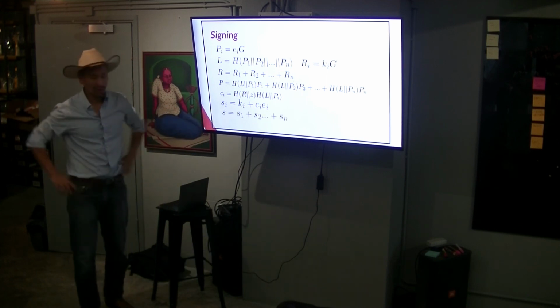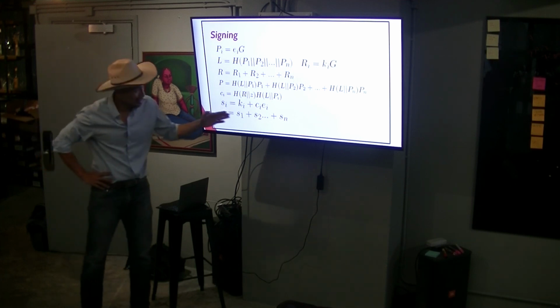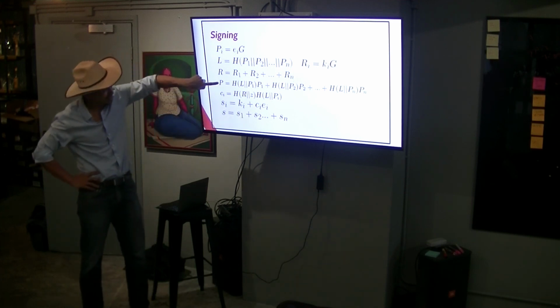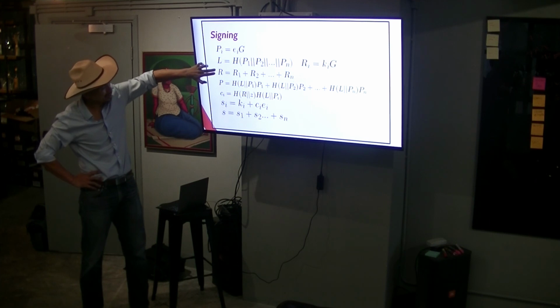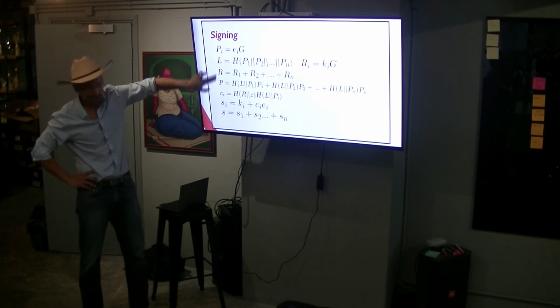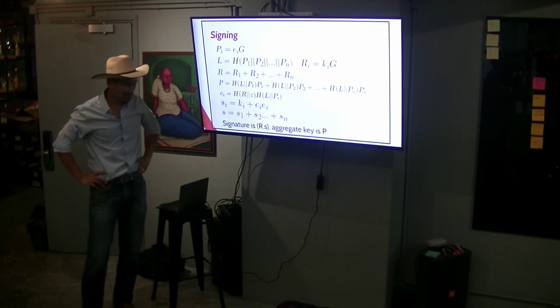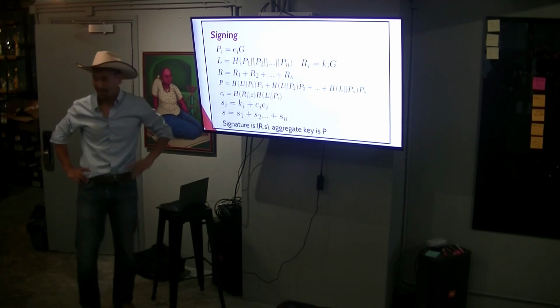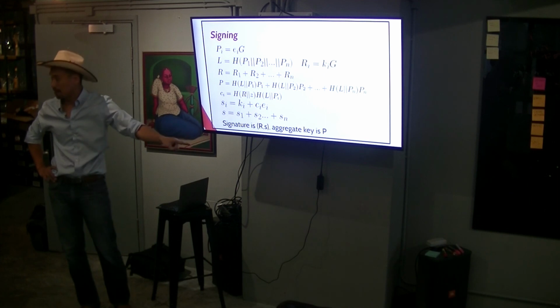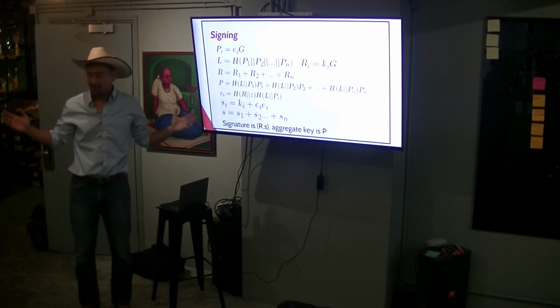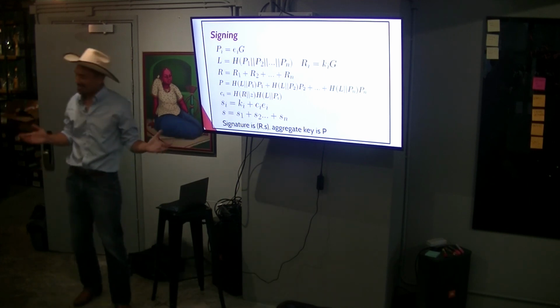Then the signature aggregation works the same way. S is the sum of all of those. You have an aggregated pub key, the aggregated R portion, and the aggregated S part, so the signature is just R, S, and the aggregated pub key is P. You can't tell the difference, which is kind of crazy.